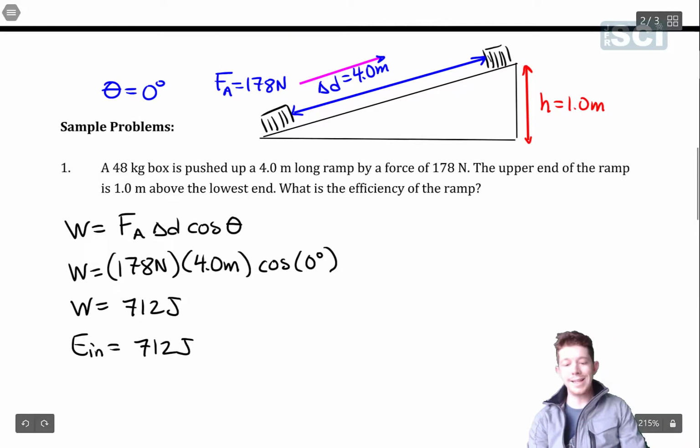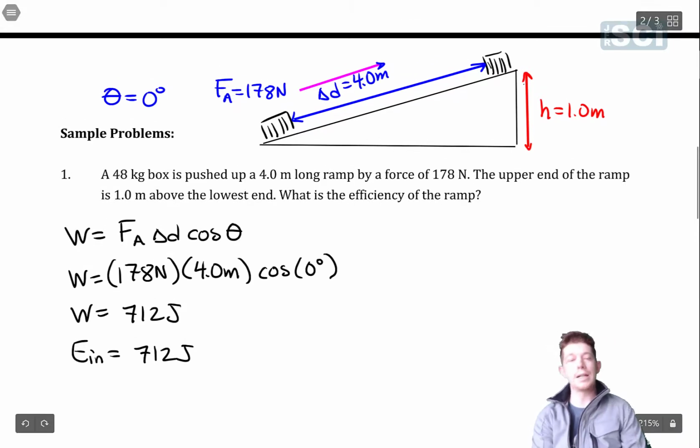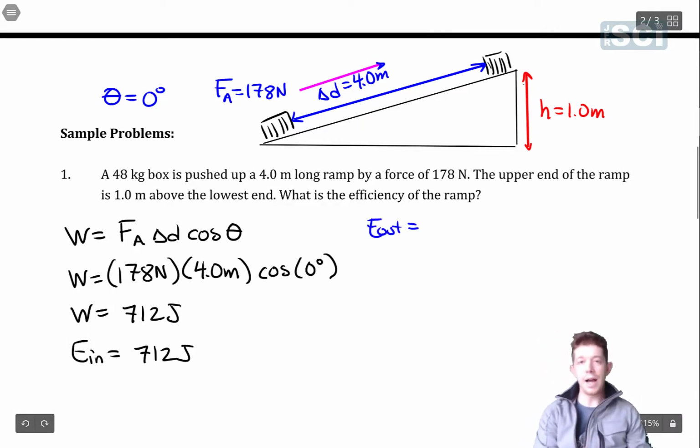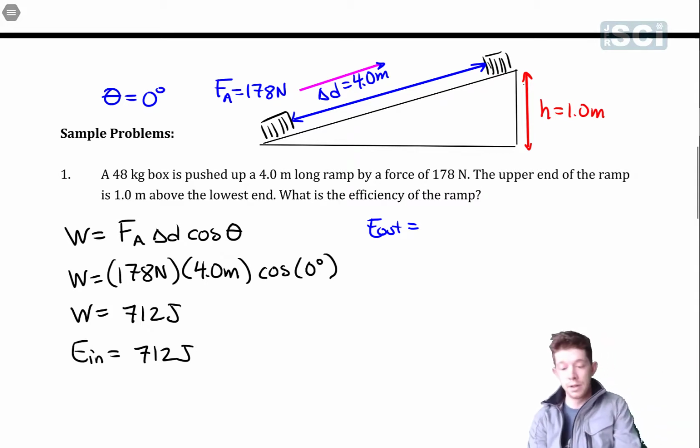So once it gets to the top of the hill, it has gravitational potential energy, which means that the output energy that I could possibly get from putting a box at the top of the hill is based on just gravitational potential energy. So that will be mgh. So our box is 48 kilograms.